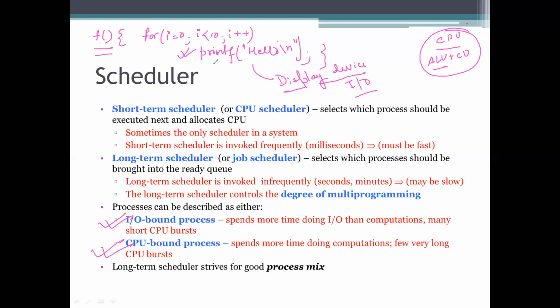If the process spends maximum time performing IO operations, then it is called the IO bound process, and for those processes the CPU burst time is very short or small.